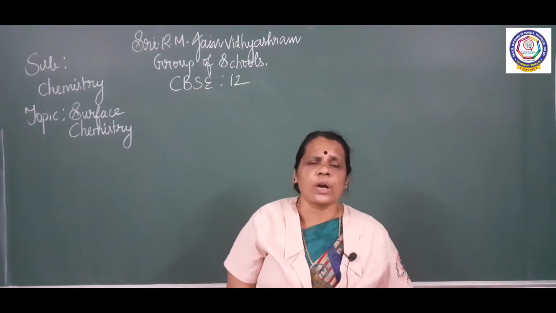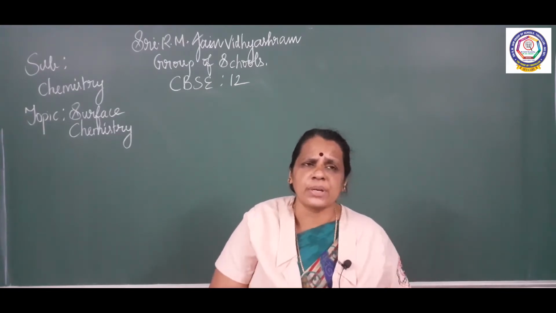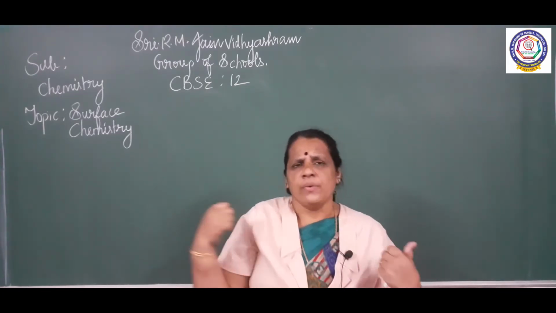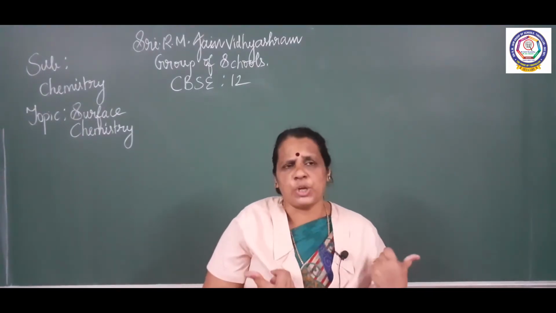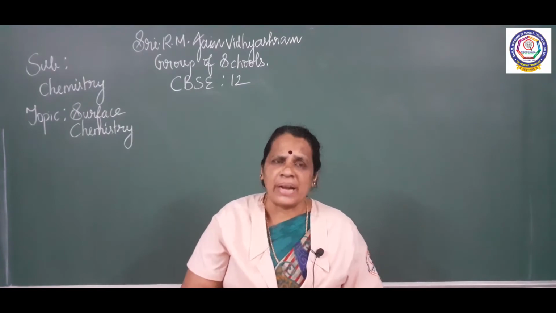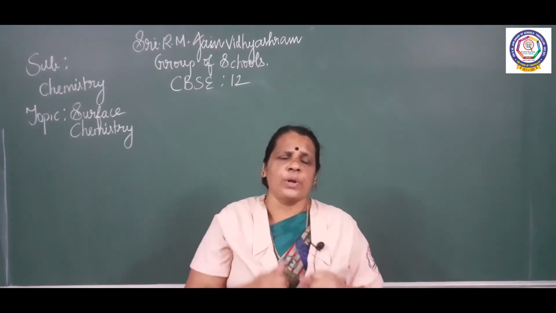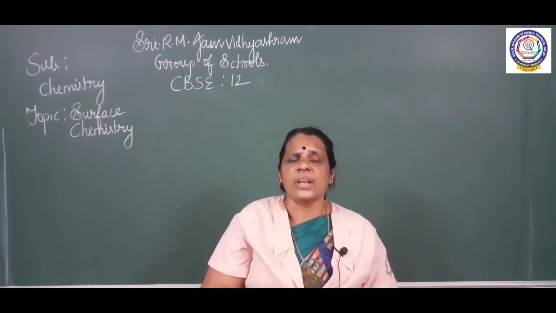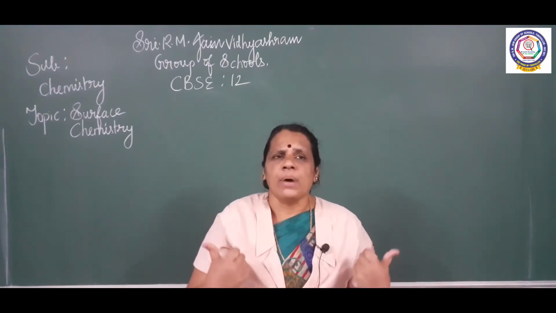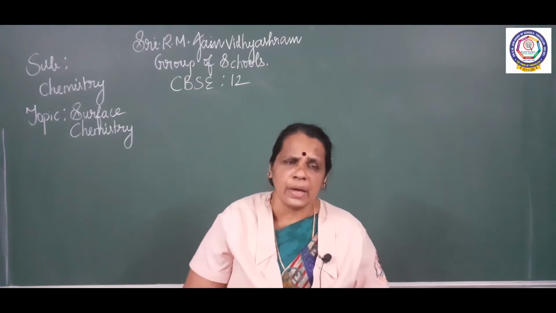We are going to talk about what the Freundlich adsorption isotherm is, how it varies with the concentration, and the X by M ratio, where X is the quantity, that is, the difference between initial and final concentration, and M is the mass of the solid adsorbent.